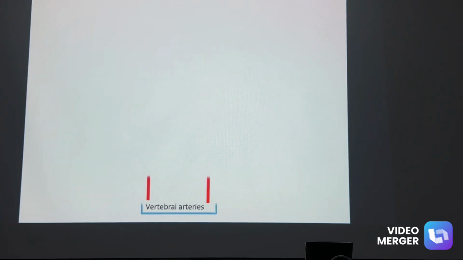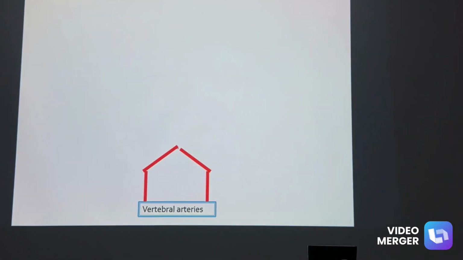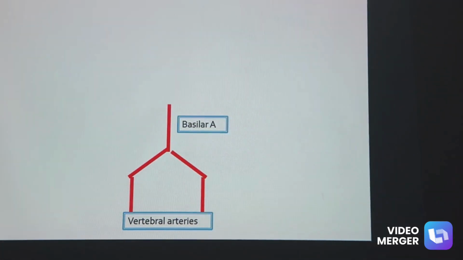We'll start with the vertebral arteries on both sides. This is the site of formation of the basilar artery by joining the two sides of the vertebral arteries at the lower part of the pons. This is the basilar artery.